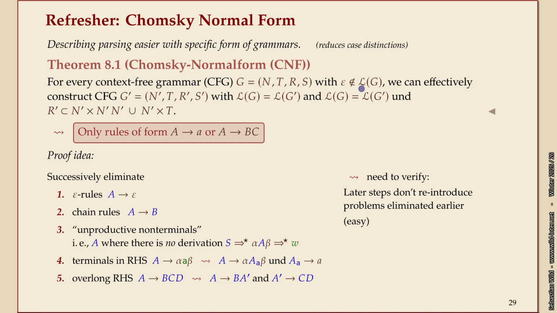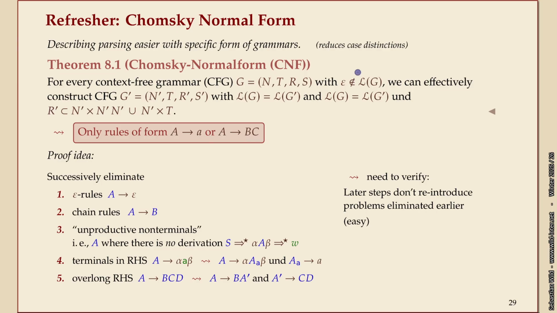If you wanted to, you could generalize and say, okay, if the language contains the empty string, I'm going to have one separate rule outside of these that produces the empty string, but I can only do that from the start symbol, and then I'm done. Or I branch off in the part that's equivalent to the grammar without the empty string, and that can be using only these types of rules.